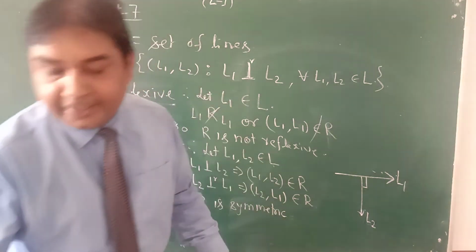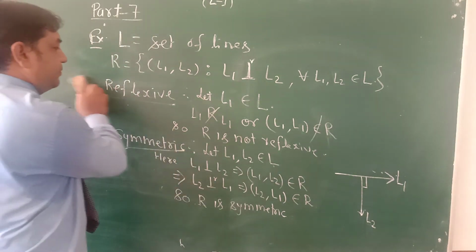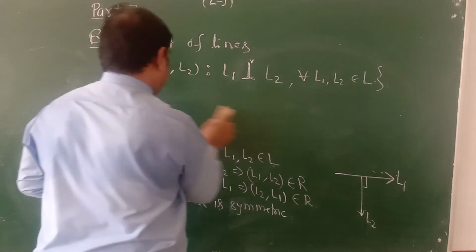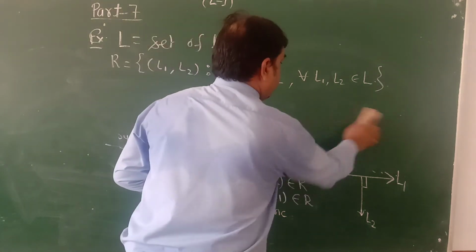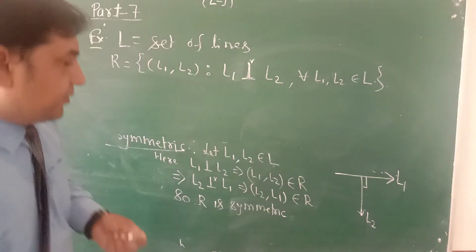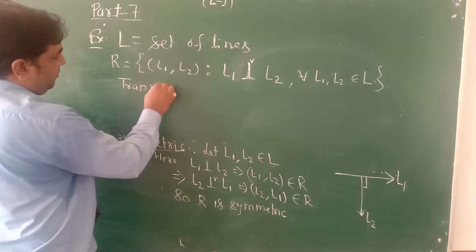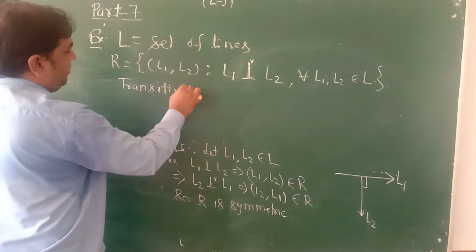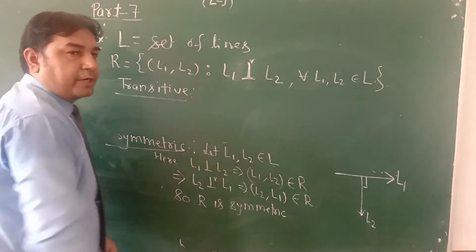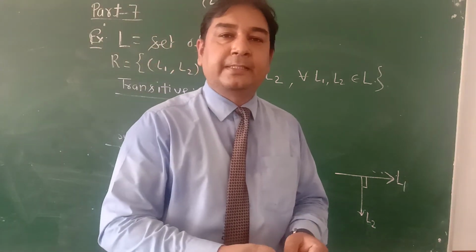Now for the transitive. To show the transitive, we have to take 3 lines.